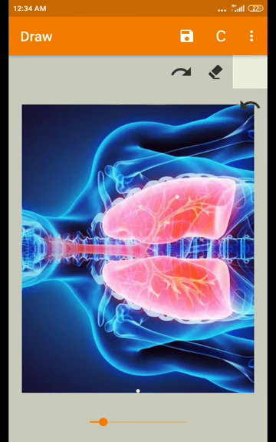We have already seen lung volumes in the earlier video.